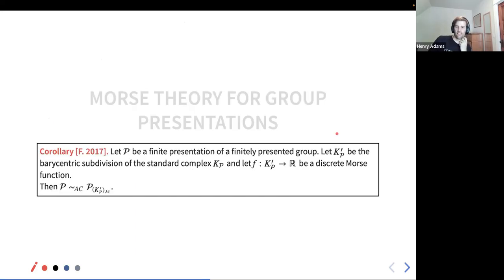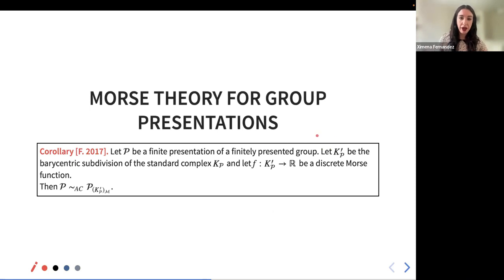Great. So here is the main idea of using Morse theory to study the conjecture. I will explain this corollary of the refinement of the main statement in discrete Morse theory. Suppose that you start with the presentation, and then you construct the associated complex.